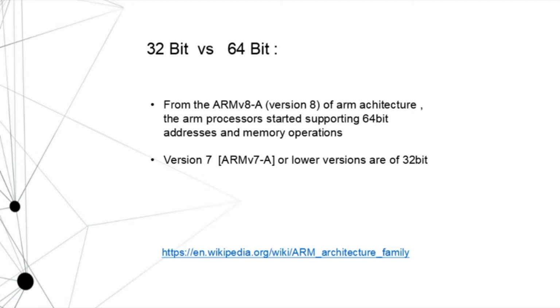From ARM version 8 profile A processors of the ARM architecture, ARM started supporting 64-bit addresses and memory operations. Any processor of ARM version 8 will run 64-bit processes. Version 7 or prior were all 32-bit, which all the IoT devices in today's world use.